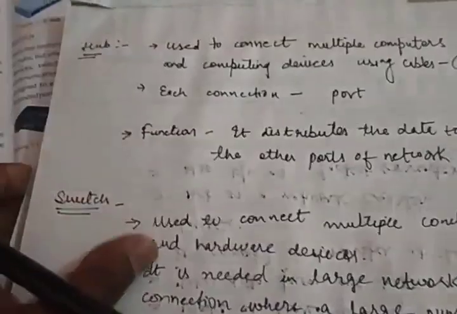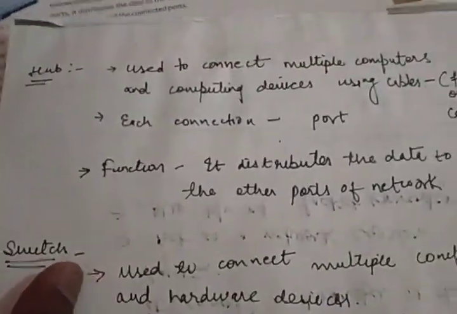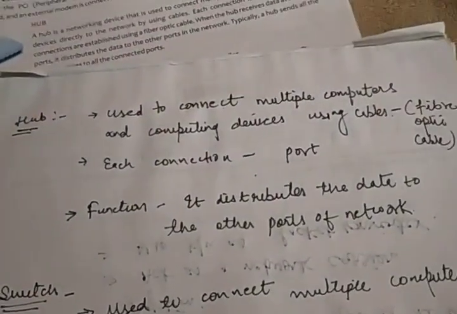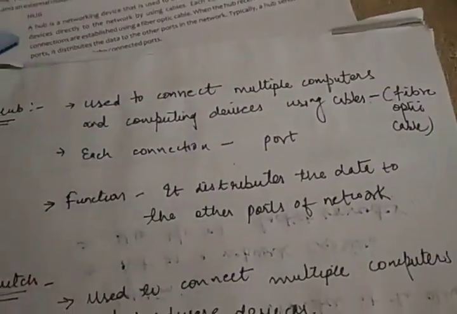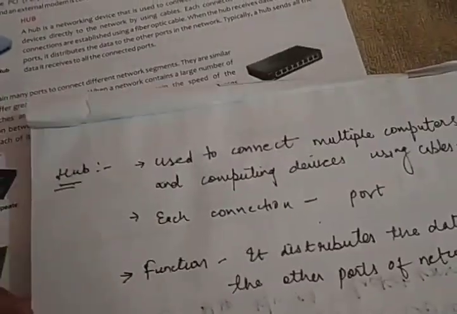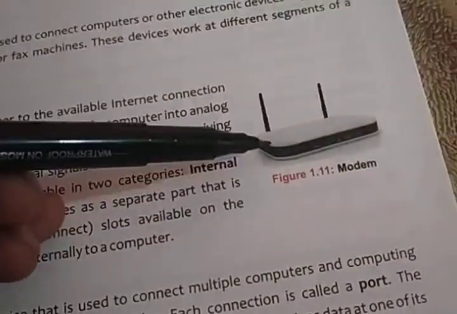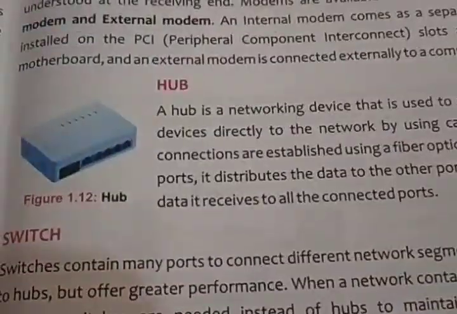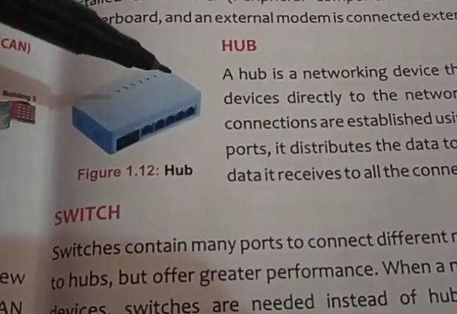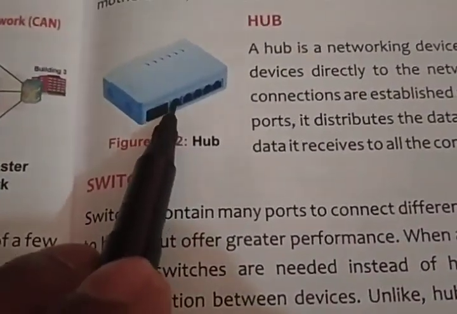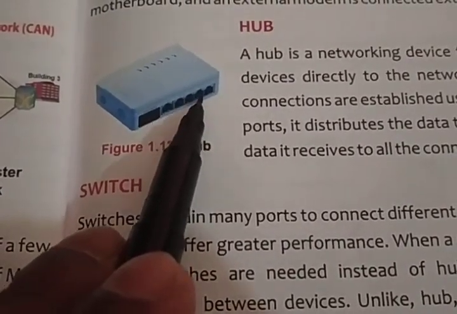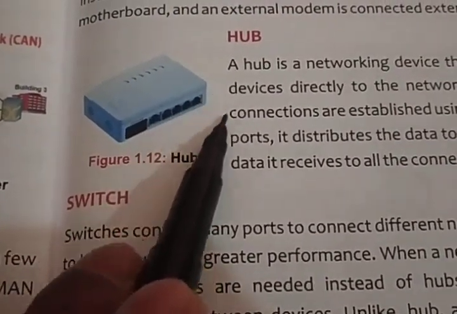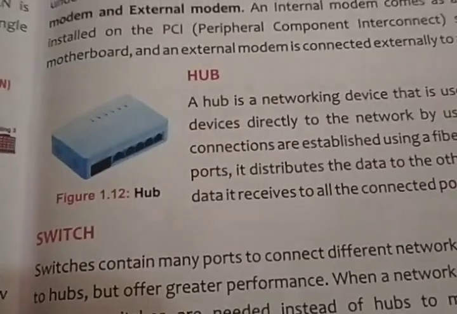Now the next networking device is the hub. First of all, you should see the figure of the modem. This is the modem, as we have discussed. Now next is the hub. This is the figure of the hub, and these are all the ports, where the cable wire is connected to establish the connection.